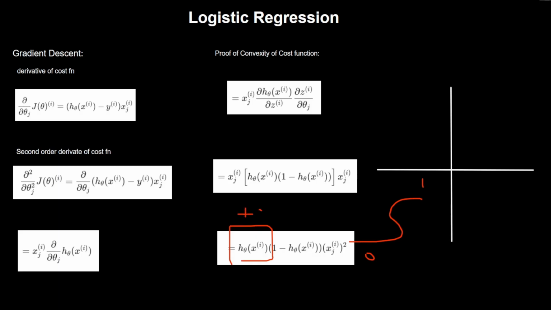This is also 1 minus the probability, which is also positive, and this one is x_j squared. Anything squared is positive or 0. So the product of non-negative terms is always non-negative. Here everything is positive, so the second order derivative is always greater than or equal to 0.